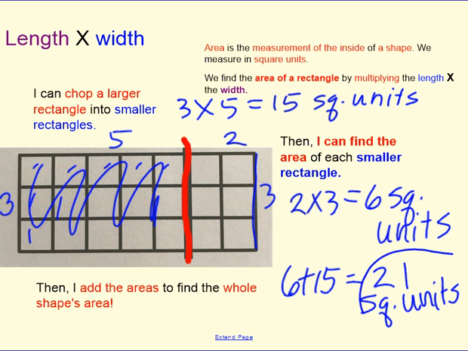And granted, I could have just found the whole area here by multiplying 3 times 7. But this is just showing the kids that you can break up a larger shape into smaller ones, find the smaller areas, and then add them together.